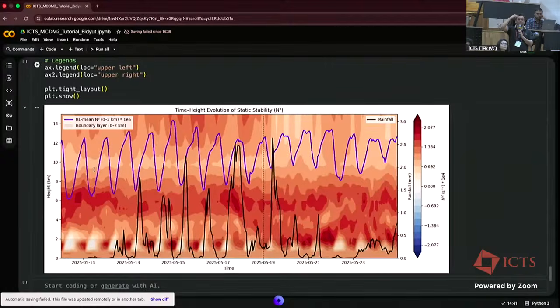But when moisture is there and precipitation processes are active, the convection and they would get coupled. As we are seeing here, we find it hard to really separate out the sign of N squared and the corresponding rainfall.